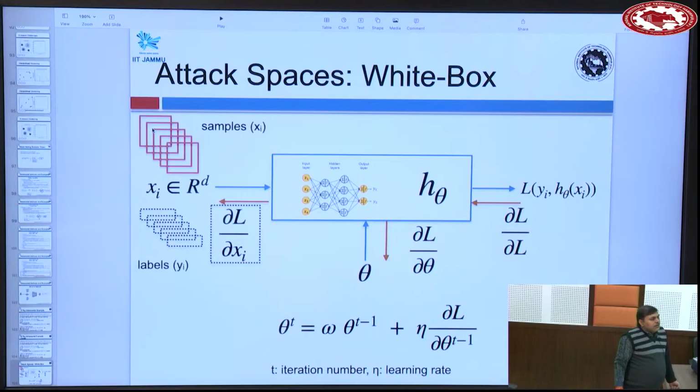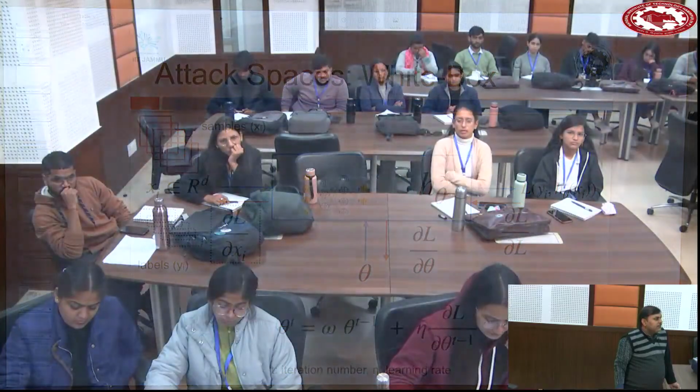For example, you have linear functions, quadratic functions, cubic functions, and the gradient changes accordingly. If you have higher degree functions, there will be a huge change in the gradient.